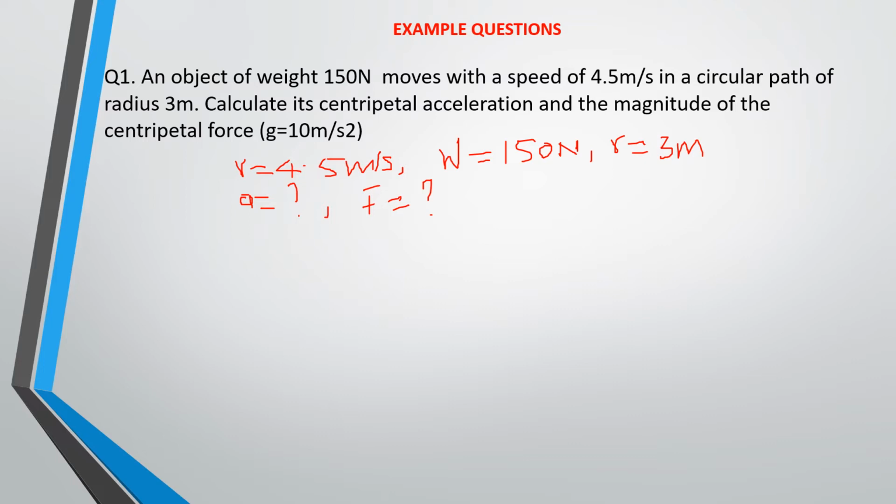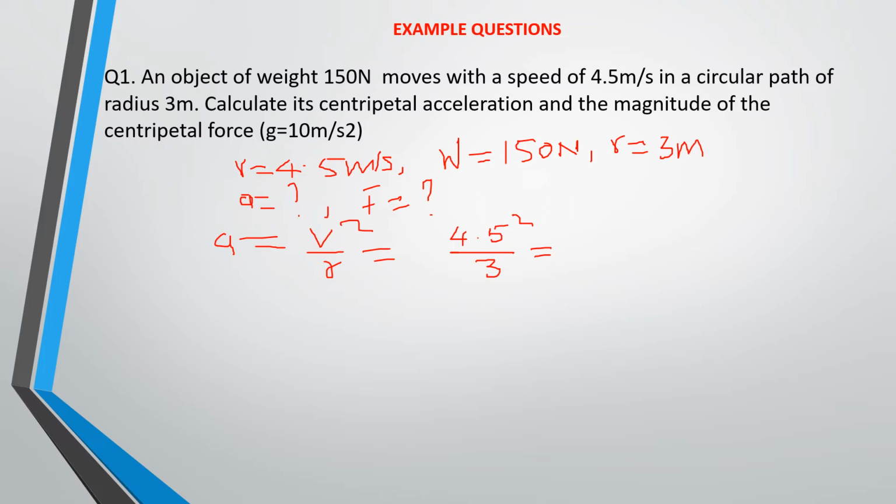Now, for this particular problem, we are first of all going to find the centripetal acceleration. Centripetal acceleration a is equal to v squared over r. We know that v is 4.5 and r is 3 meters. So just substitute into this equation: 4.5 squared all over 3.